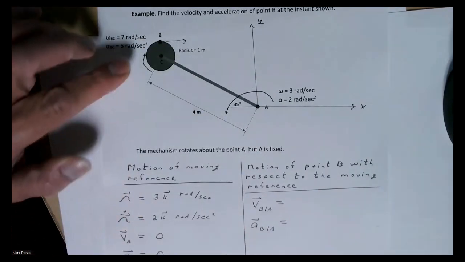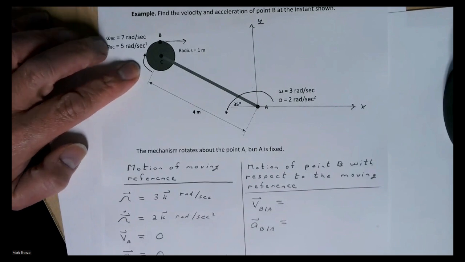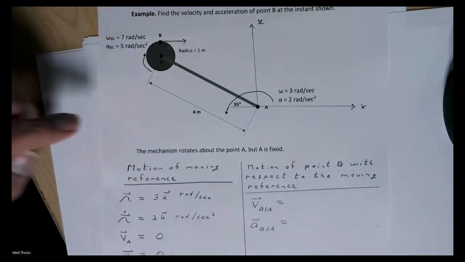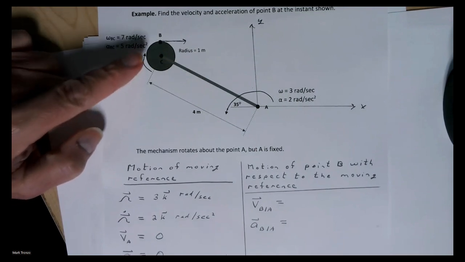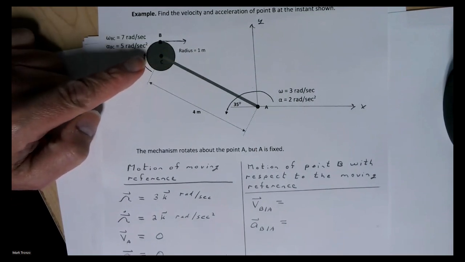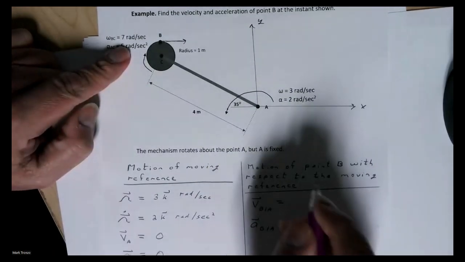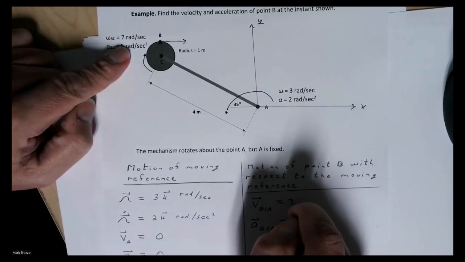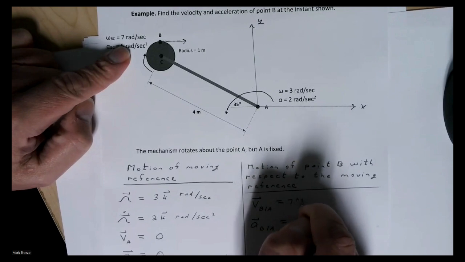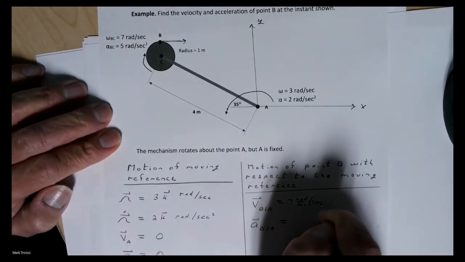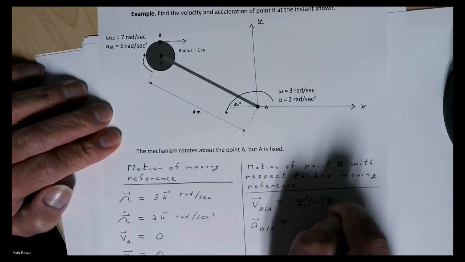So the velocity of B with respect to A, it's obviously going to be going in the x direction. So that's going to have the I component. And of course, the velocity is going to be 7 radians per second times the radius, which is 1 meter. And that's going in the I direction.